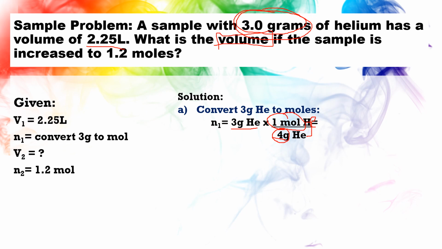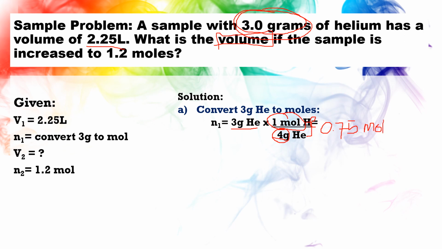So just simply divide 3 grams by 4 grams, or 3 times 1 divided by 4. So that will be equal to 0.75 moles of helium.